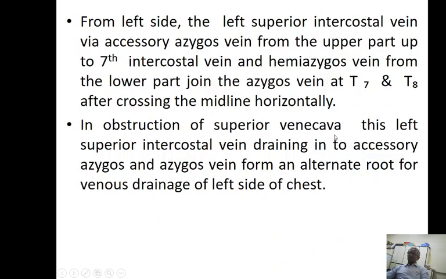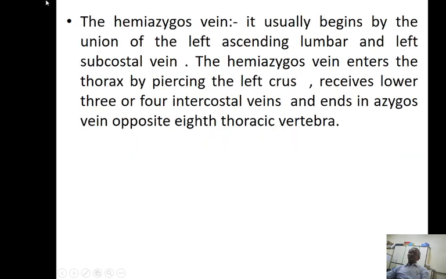So in obstruction of the superior vena cava, this left superior intercostal vein draining into the accessory azygos and azygos vein forms an alternate route for the venous drainage of the left side of the chest. The hemiazygos vein usually begins by the union of the left ascending lumbar and left subcostal vein.